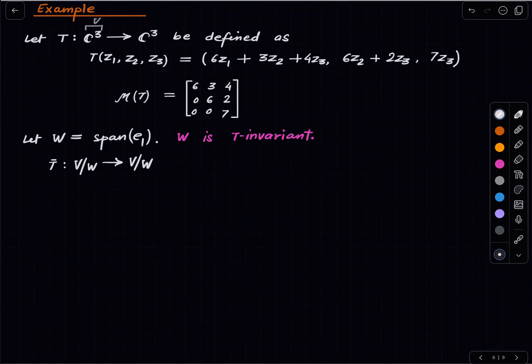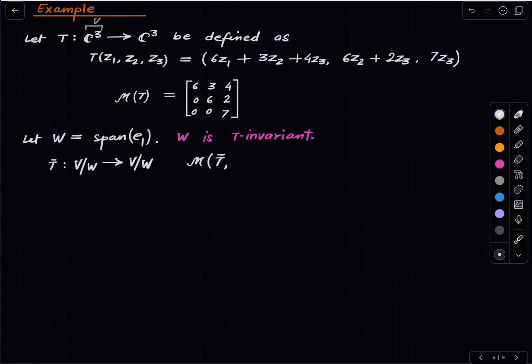So you can just verify the matrix of T bar with respect to the basis that gets induced on V mod W by the standard basis of V, which we can write down.